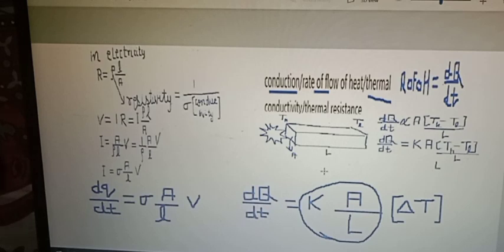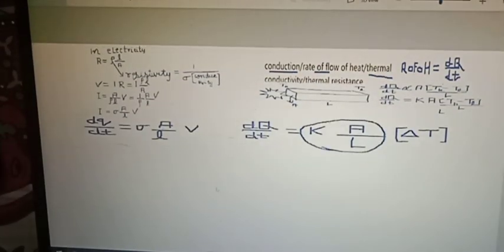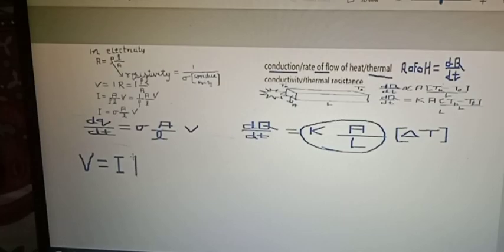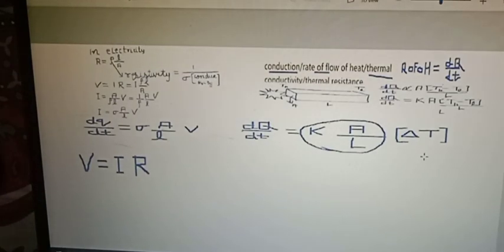Here we have K A upon L, we can call it, oh sorry, we need to arrange it further, then I will name it. So here again I am writing V equal to I R. We'll cross multiply this and rearrange this.